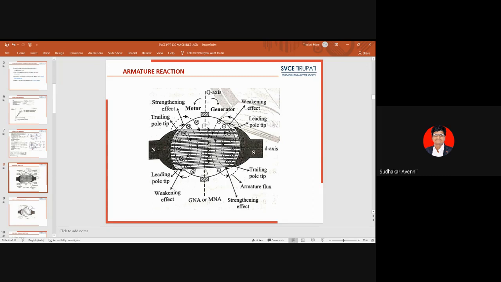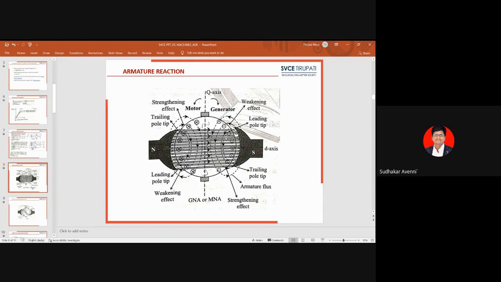In the vertical axis, some amount of armature flux crosses the main field flux, so we can say there is a cross magnetization. When some amount of flux is opposite to the main field flux, that is the demagnetization effect.